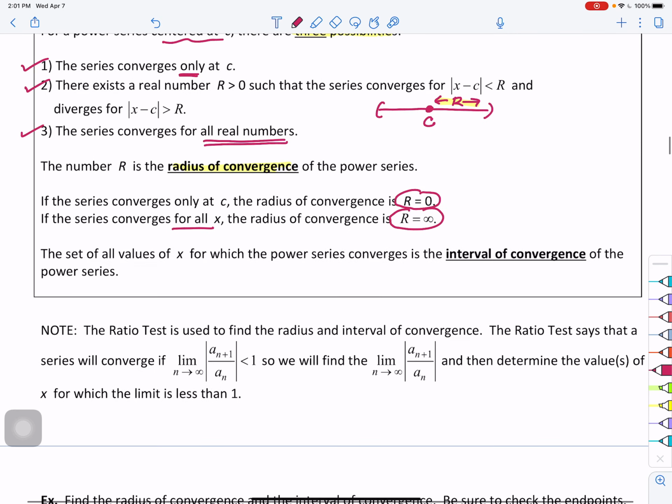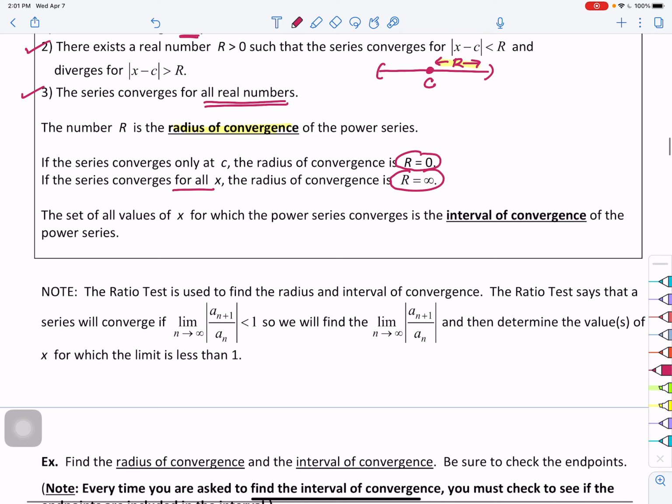The set of all values of x for which the power series converges is what we call the interval of convergence, and that's right here. That's our interval of convergence. Okay?